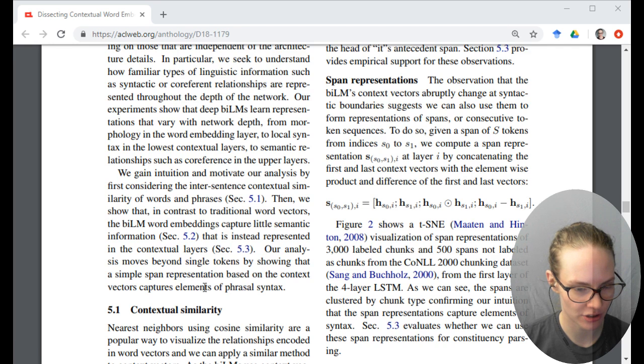So they're saying that their initial embedding doesn't actually have any semantic information and instead has morphological information, and that the semantic information is in the contextual layer.